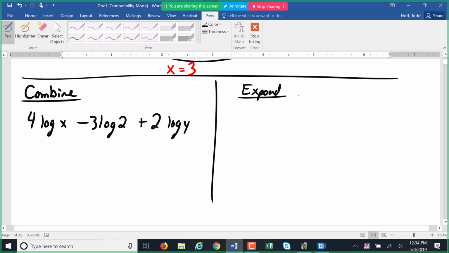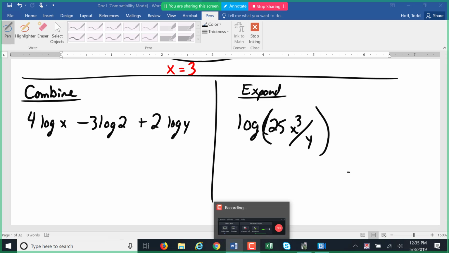And then on the other side, I'm going to want you to expand or break apart the log of 25 x to the third over y. I'll give you a couple minutes to work on those.